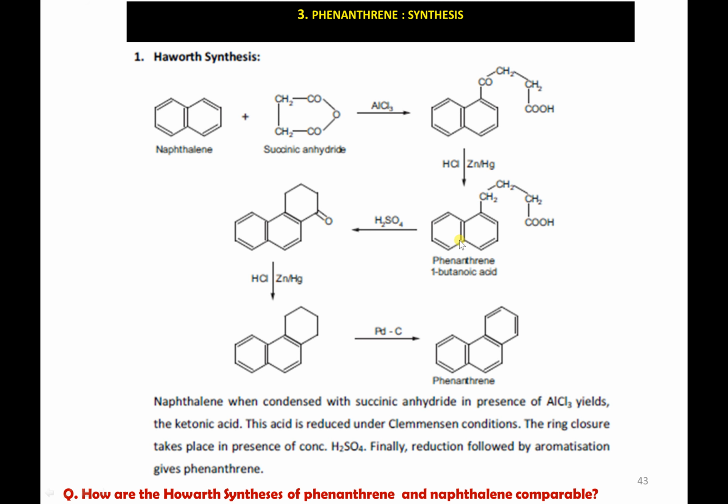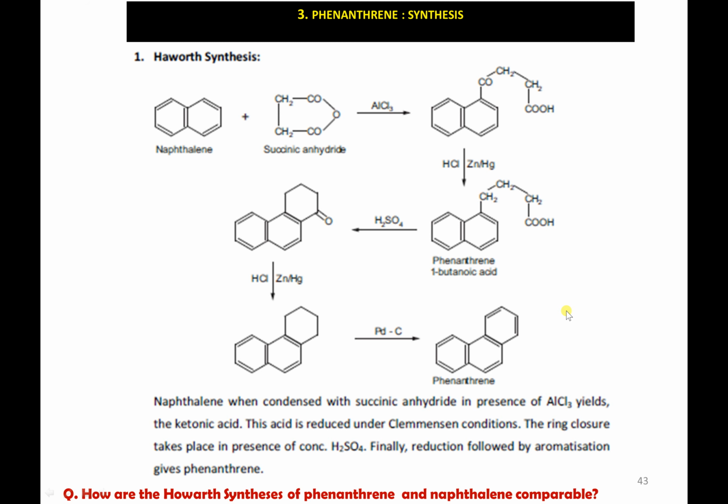Further dehydrative cyclization to this cyclic ketone. Again a second, repeated Clemmensen reduction to give you this naphthalene cyclohexane, which is then oxidized over a noble metal and warm air to phenanthrene. So this is the Haworth synthesis.